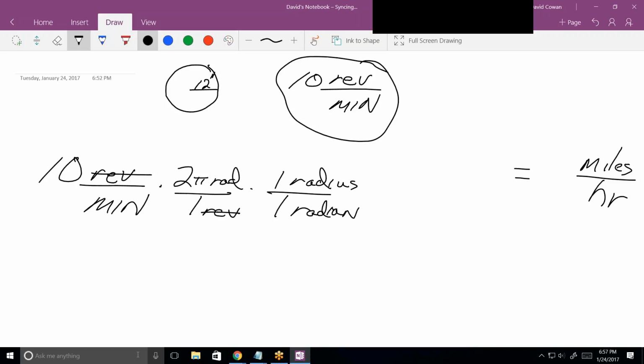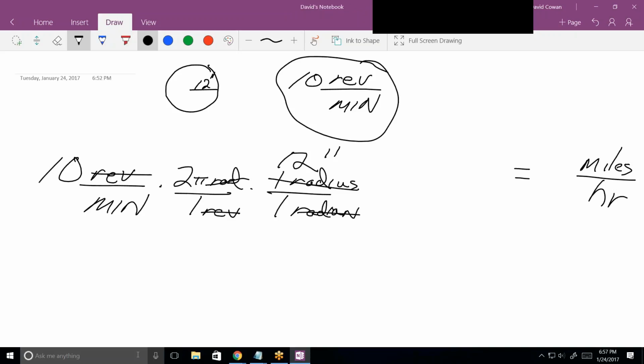In other words, rad doesn't do it. That's what the definition of a radian is: it's a radius. So in this case, our wheels have a 12-inch radius. So 12 inches per 1 radian. With me? Yeah. That's going to cancel my radians.